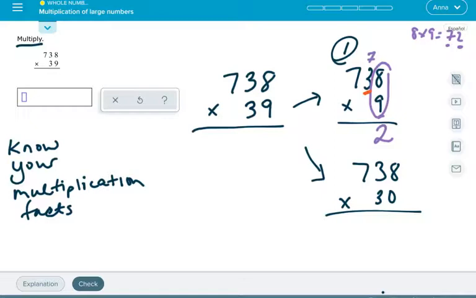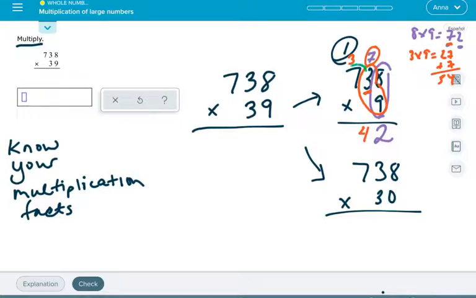The next step is 3 times 9, which is 27, and then we add in the 7 that was left over from here. So 27 plus 7 is 34. Again, we bring down the 4 and carry the 3. Then we do the same process.